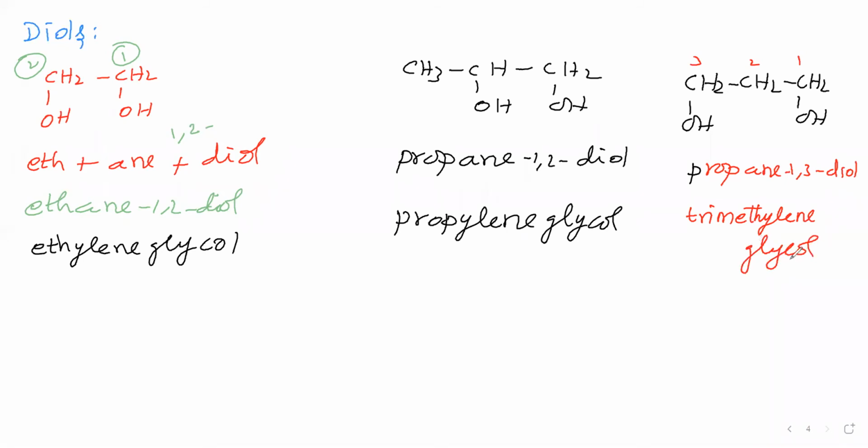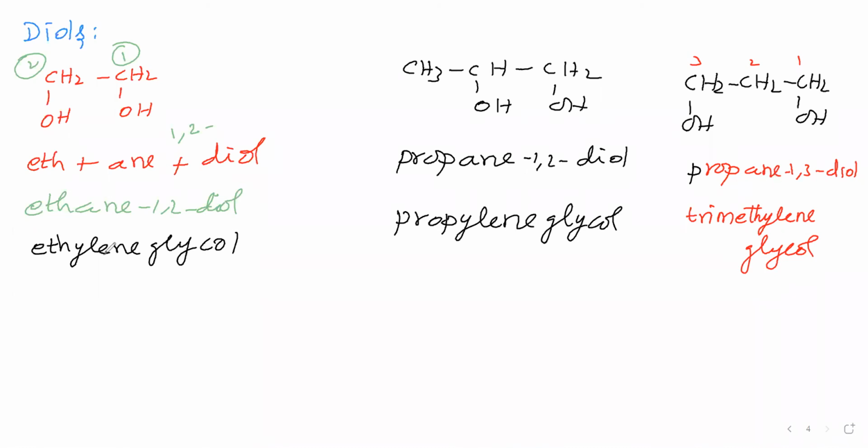If 2 OH groups are there, we can use the word glycol; they need not be at neighboring carbon atoms. So here 3 CH2 groups, therefore trimethylene, and 2 OH groups, therefore glycol. So the common name is trimethylene glycol for this.